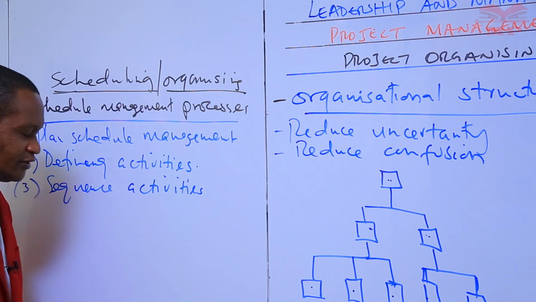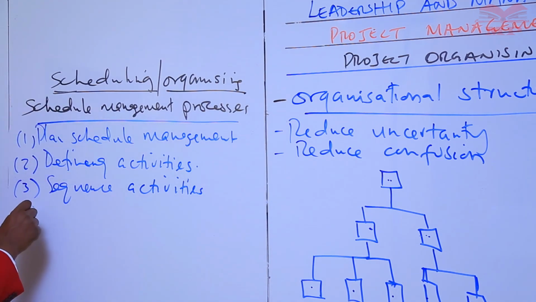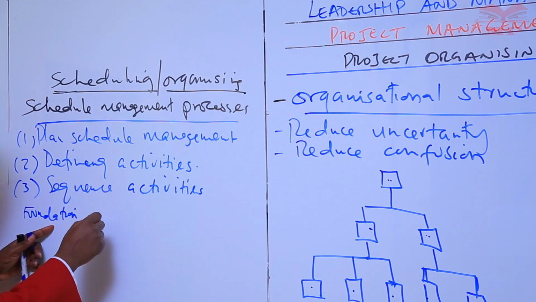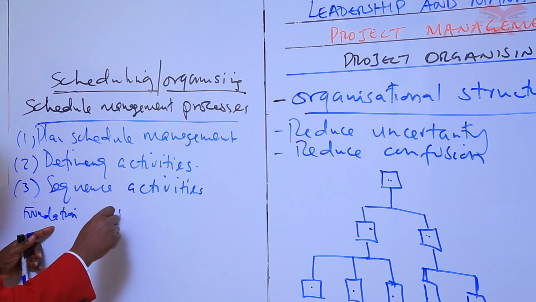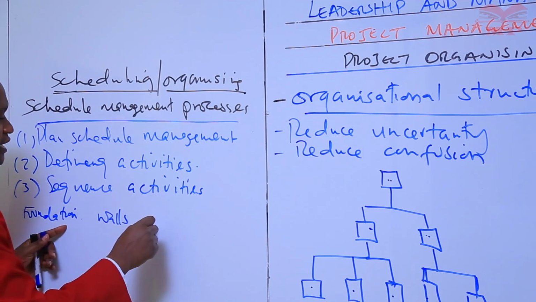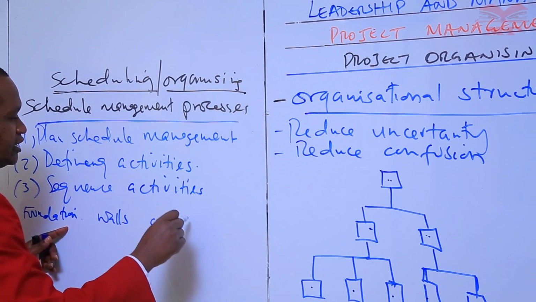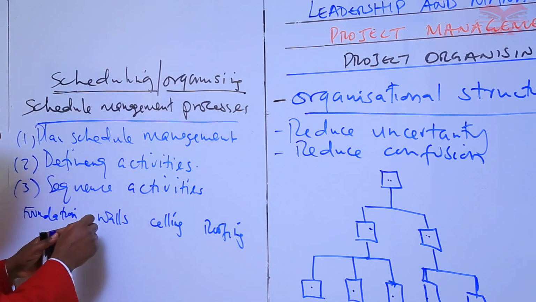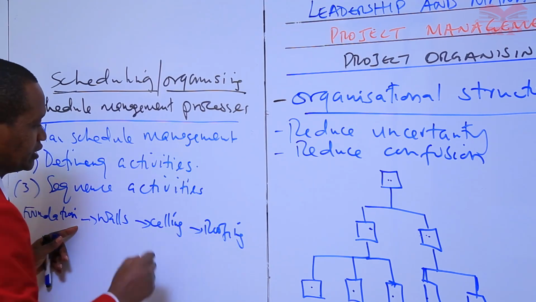Okay? So you have, say, foundation. We have building of walls. We have ceiling. There is roofing. So you see, this is a sequence.